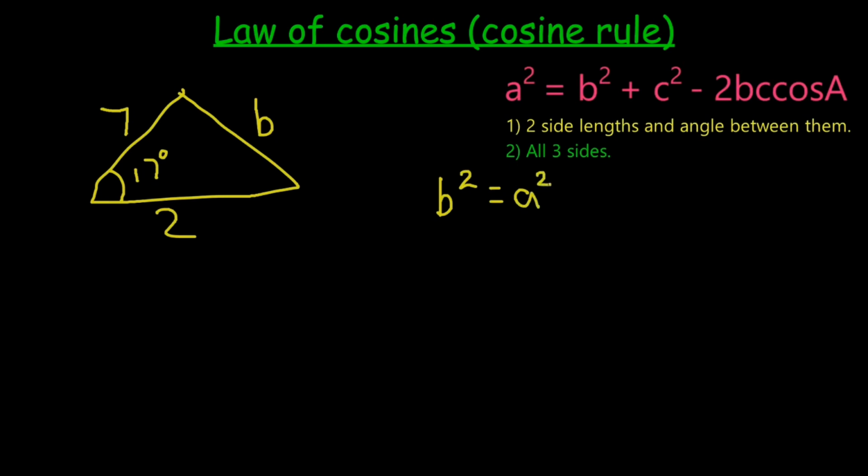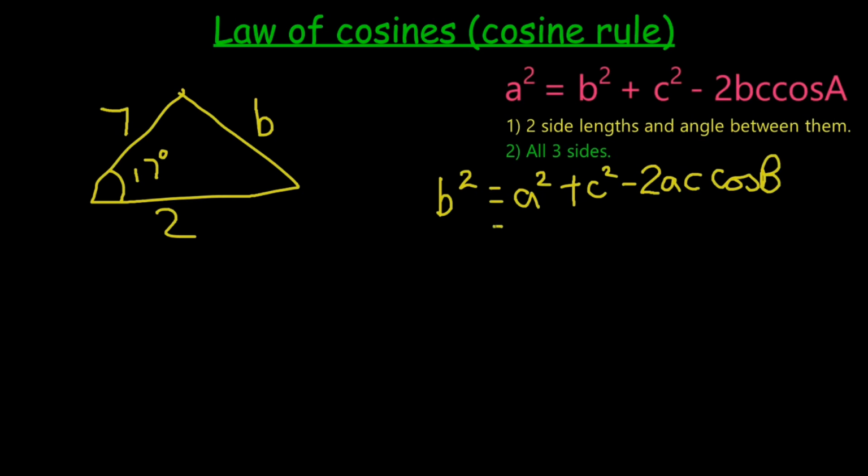We've swapped this over to here, so we've got a squared plus c squared minus 2, and we've swapped this over again to here, so this becomes ac cos, and we don't have this angle A, we have angle B. Here angle B is opposite side b, so we have cos B.